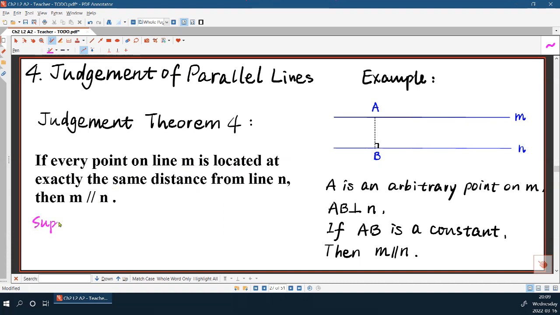Again, let's suppose M is not parallel to N, right? Then they must intersect at some point.